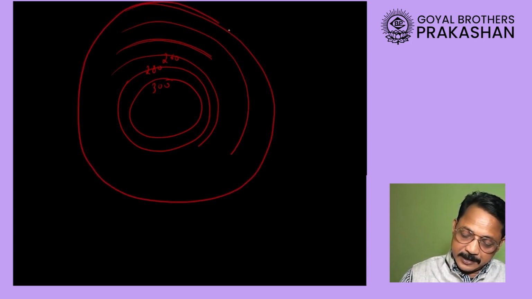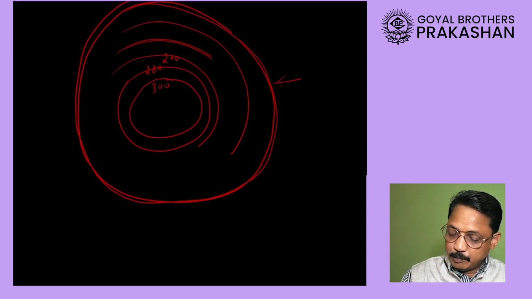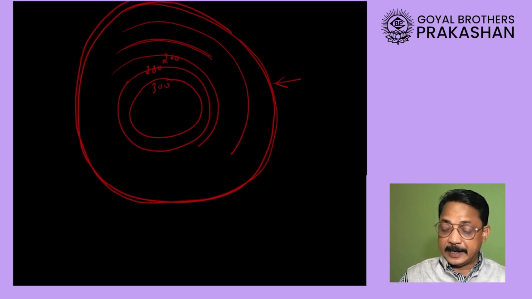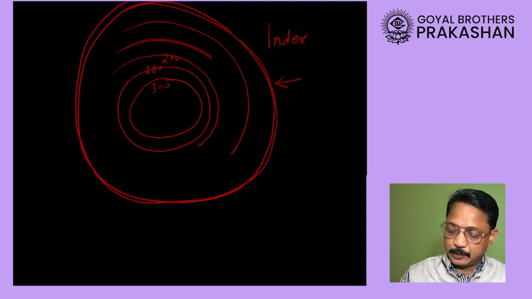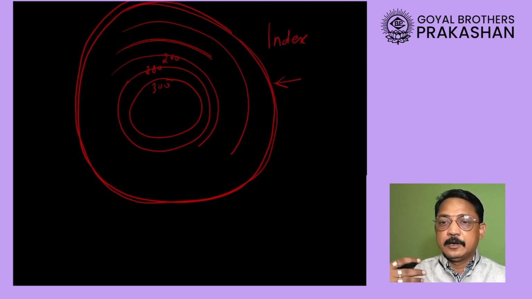So the 200 line will be made darker, prominent, bold. Such a bold, prominent contour line is known as index contour. So index contour are the lines, dear student, which are again the contour lines, but they are showing a prominent number like 100, 200, 300, and so on.